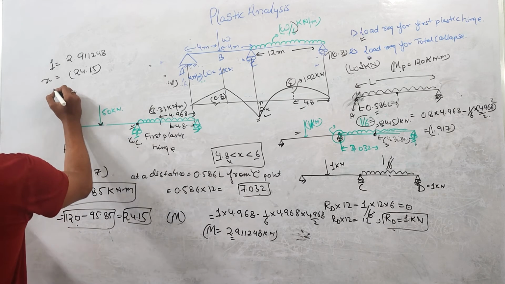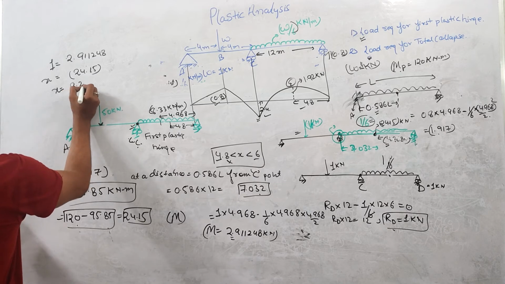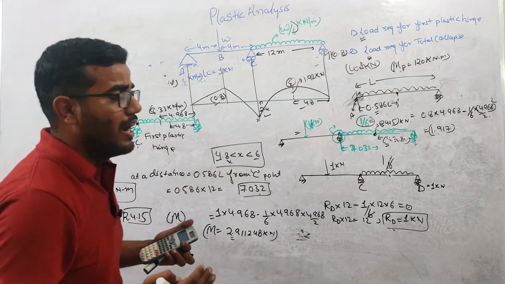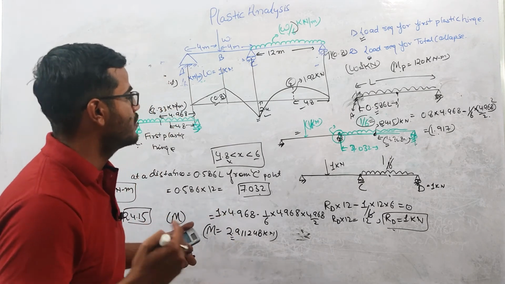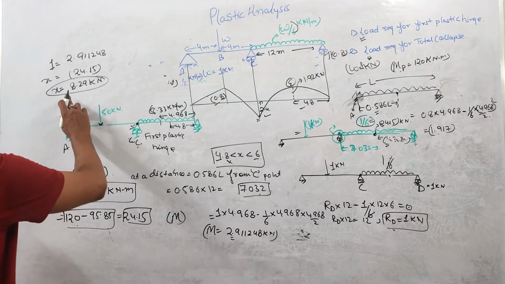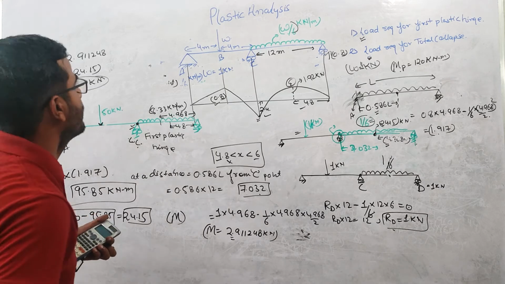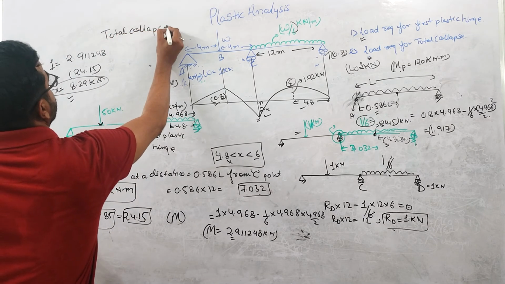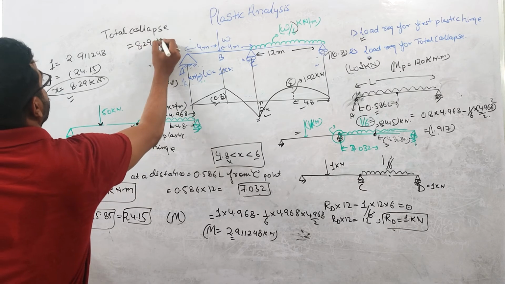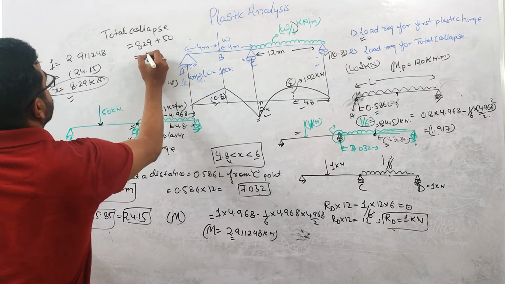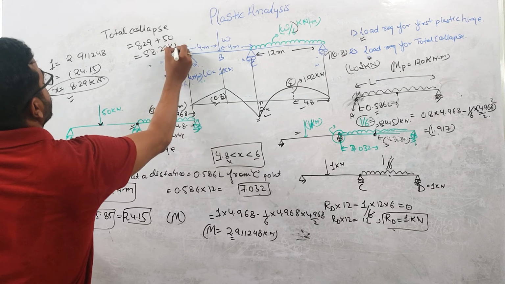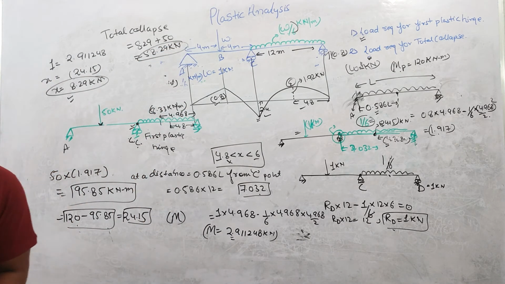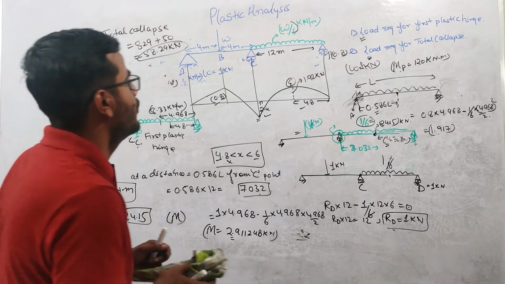So this value is x equals 8.29 kilonewton. Okay, so the extra load which it can take after the formation of the first plastic hinge is 8.29. And total collapse will be 8.29 plus 50, and this is 58.29 kilonewton, right? So the total collapse load for this beam will be 58.29 kilonewton.